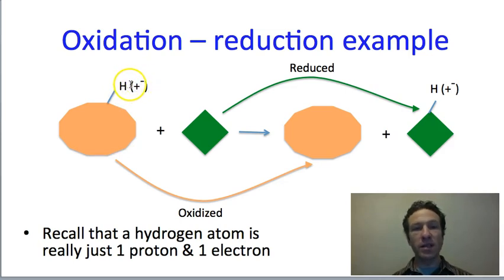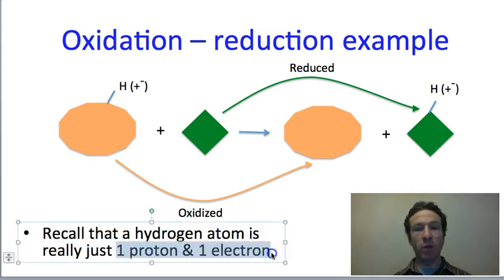This plus-minus symbol is just to remind you that really a hydrogen atom is just a proton and one electron. A hydrogen is one proton and one electron attached to each other. In this example, this shape is going to be losing that hydrogen, and it's going to get transferred to this green diamond shape.